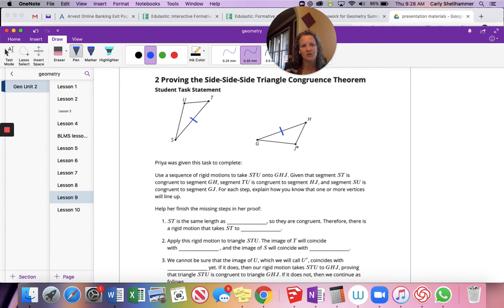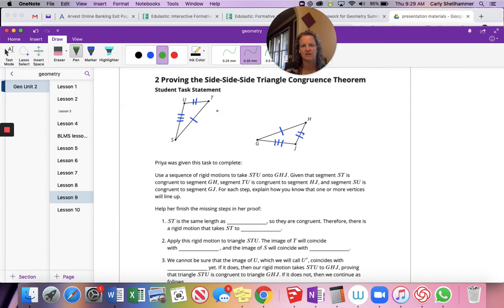Segment TU is congruent to HJ, sorry. And segment SU is congruent to GJ. For each step, explain how you know that one or more vertices will line up.